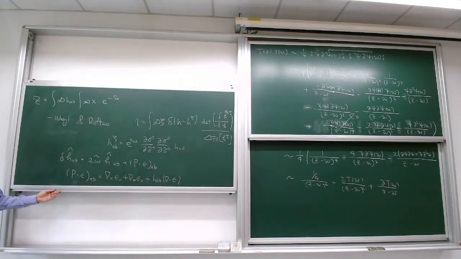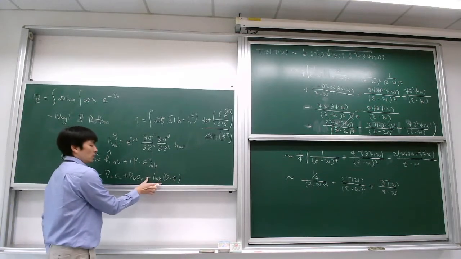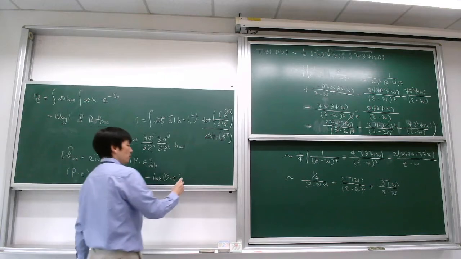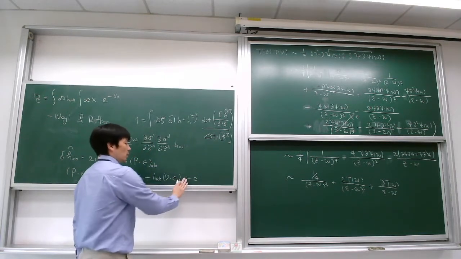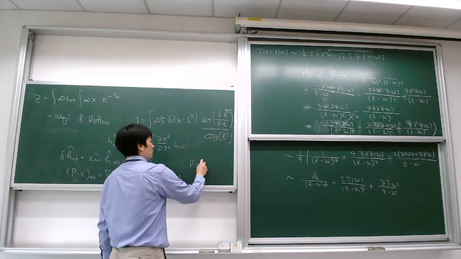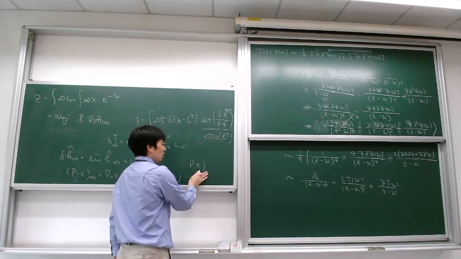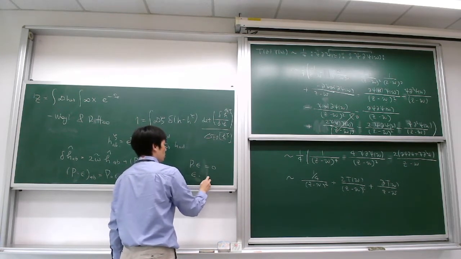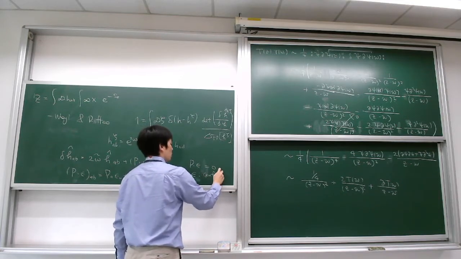In fact, this is the generator of conformal transformation. Therefore, if P epsilon is equal to 0, this epsilon is called a conformal Killing vector.